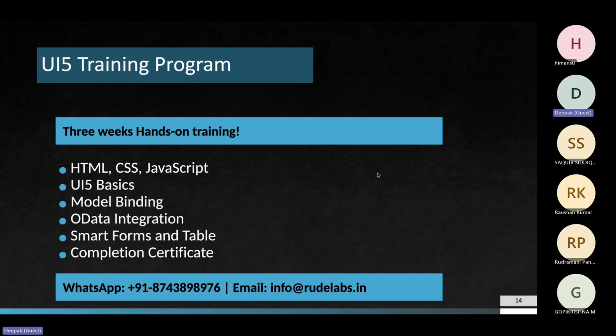But this three weeks hands-on training that we are showcasing right now will include HTML, CSS, JavaScript, UI5 basics. Then we create an application from scratch. We teach you model binding, OData integration, smart tables, smart forms, how to integrate them end to end.